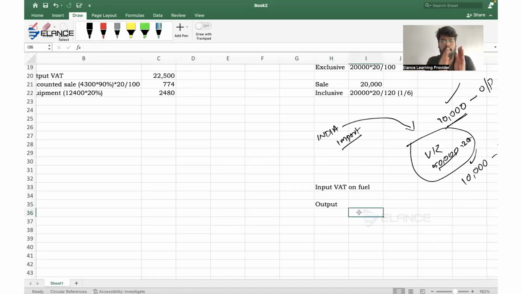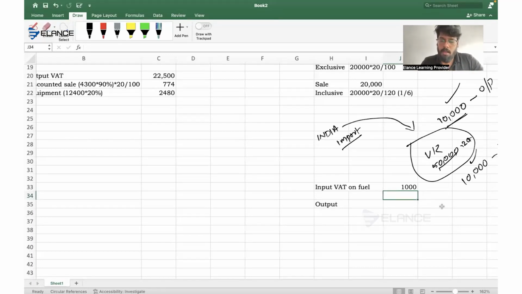For example, I use a car in my trading and I fill fuel in my car, spending £1,000. That £1,000 is inclusive of an element of VAT, and fuel also charges the 20% standard rate of VAT.